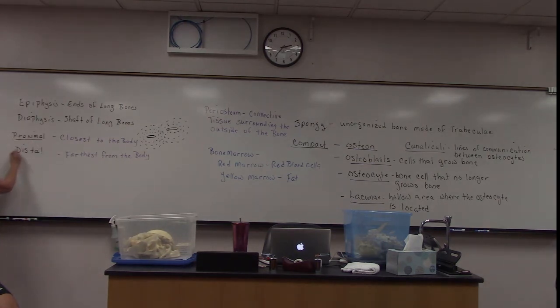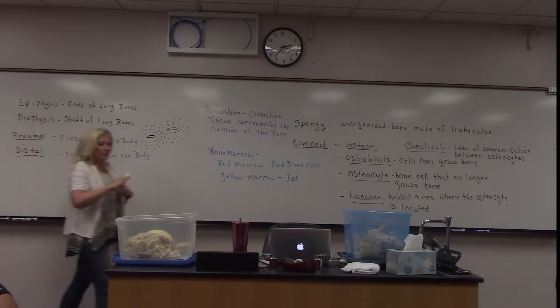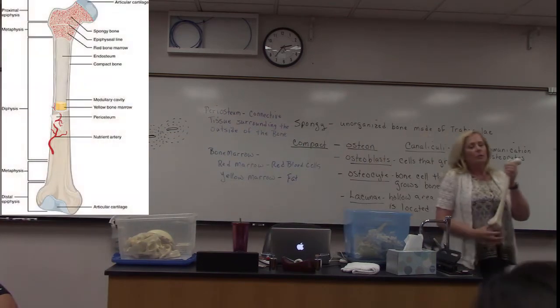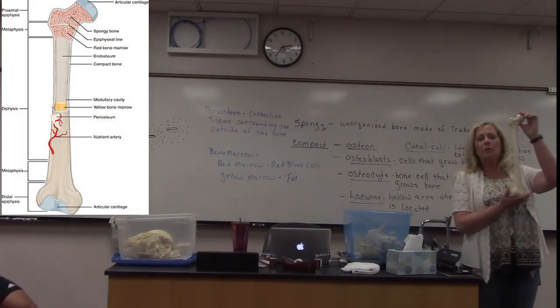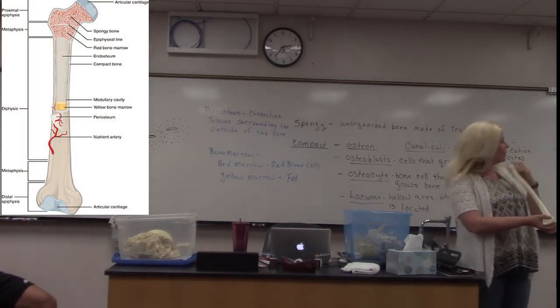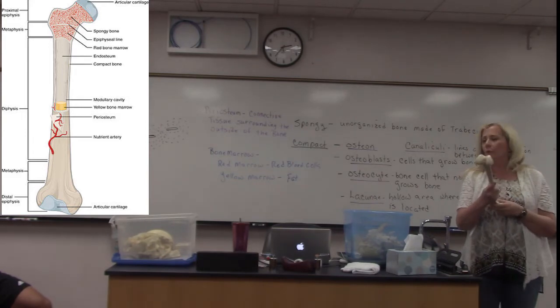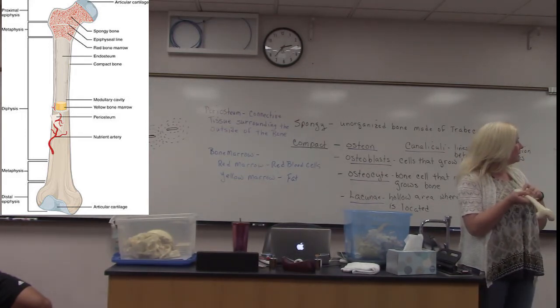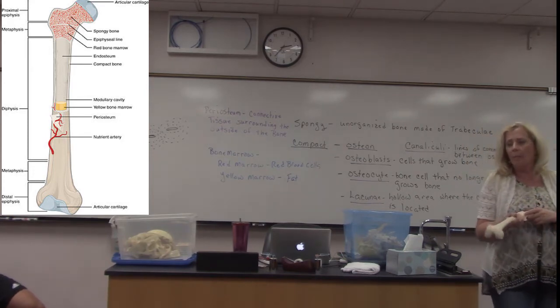All right, let's try this, because that's absolutely correct when we talk about bones. So we need to know which part of the bone is closest to the body and which is the furthest from the body. So proximal means closest to the body, distal means furthest when we're talking about bones.